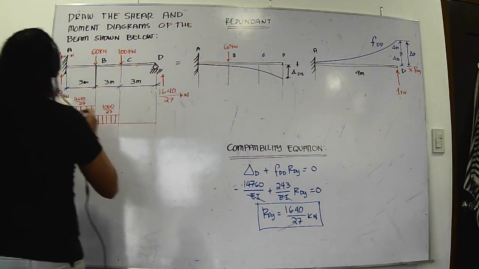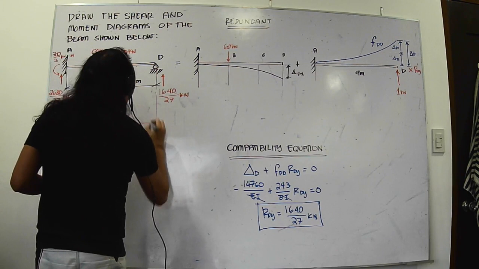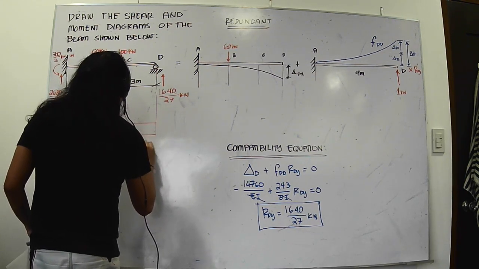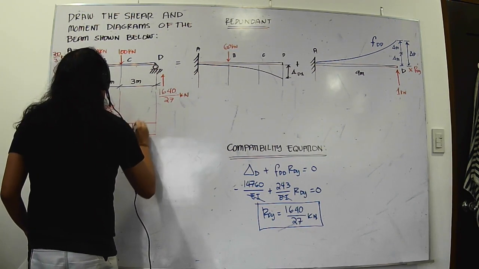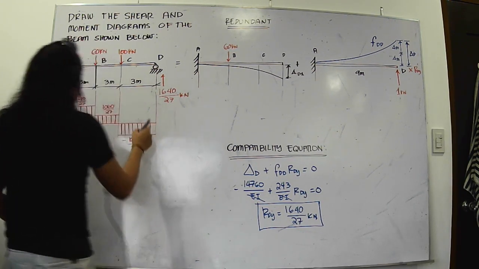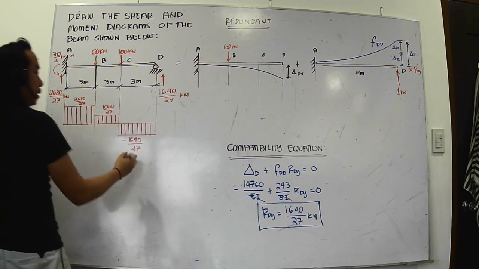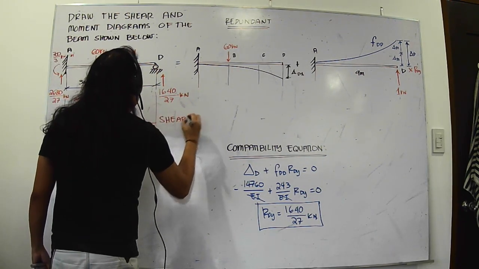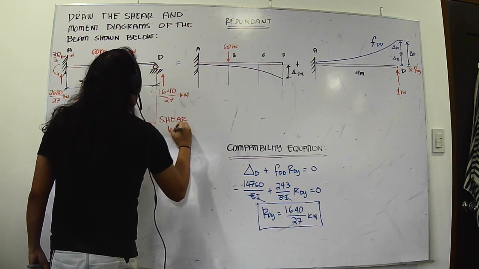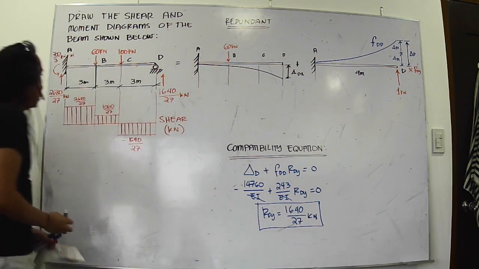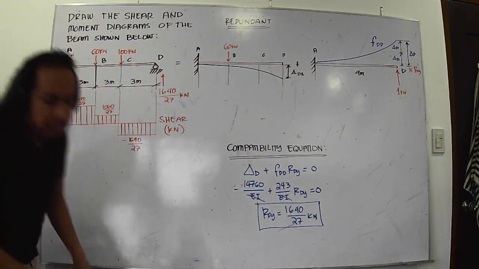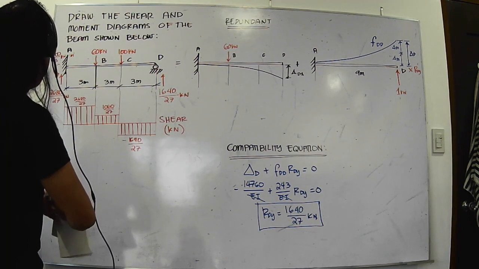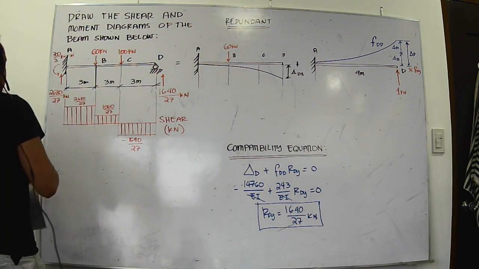Then minus 100, that should be equal to negative 1640 over 27. In which case, the last upward reaction should equate to 0. This will be our shear diagram in kilonewtons. I hope it's clear. Now we proceed to the moment diagram.